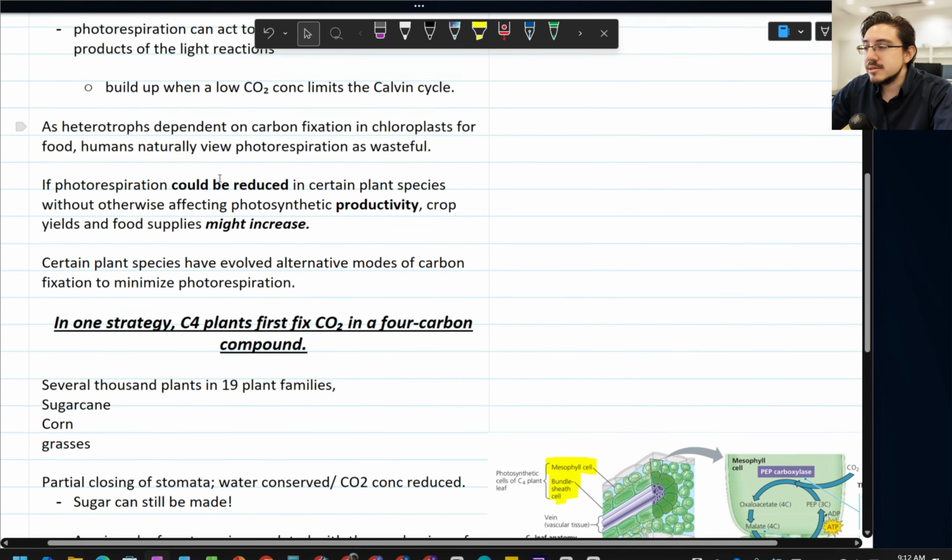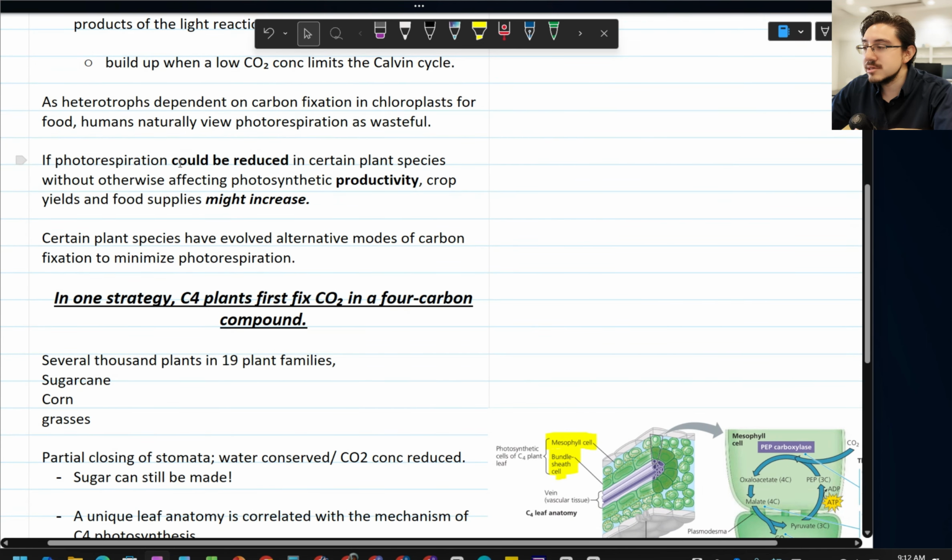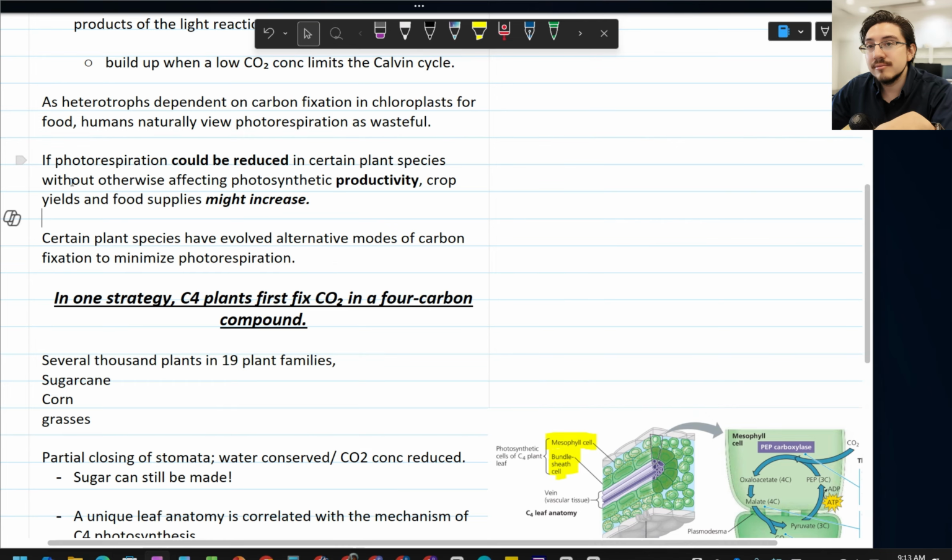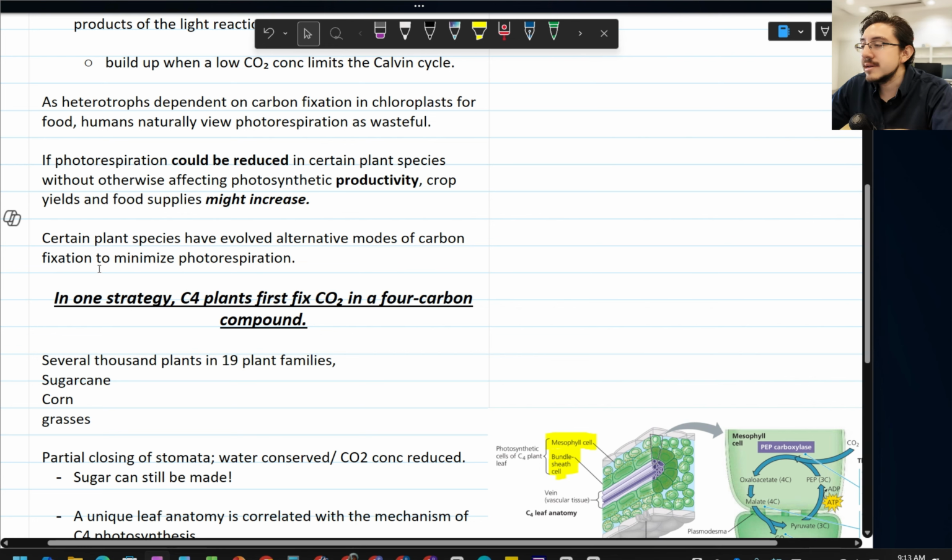If photorespiration could be reduced in certain plant species without otherwise affecting photosynthetic productivity, crop yields and food supplies might increase. Again, I want to note that if photorespiration could be reduced in certain plant species, it's possible that we could be using the carbon and joining more the normal Calvin cycle to be producing what we need to produce, right? Food supplies, right, might increase.